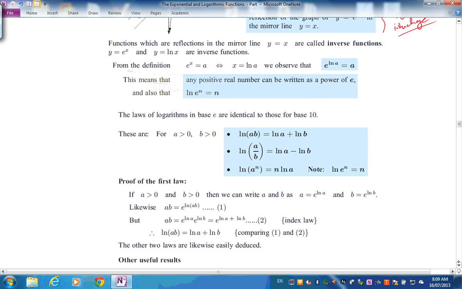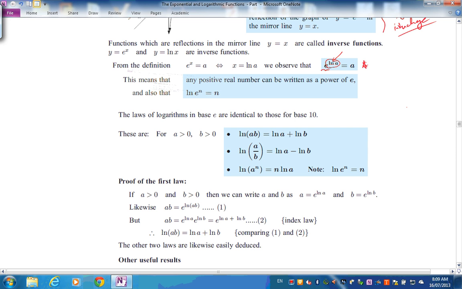Well, we'll probably have to just check that we are happy with working with logs in general. So first of all, do you agree with this rule here? e to the ln a is a. So what's it saying? I'm raising the base to what's this? ln a is the power of the base necessary to get a.